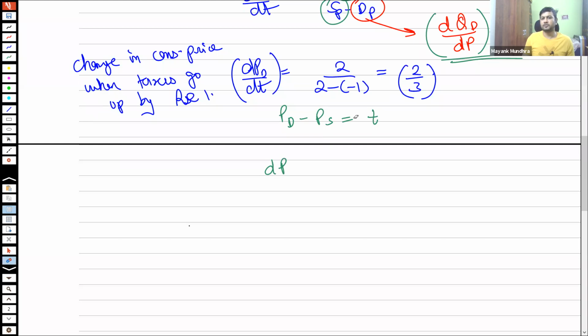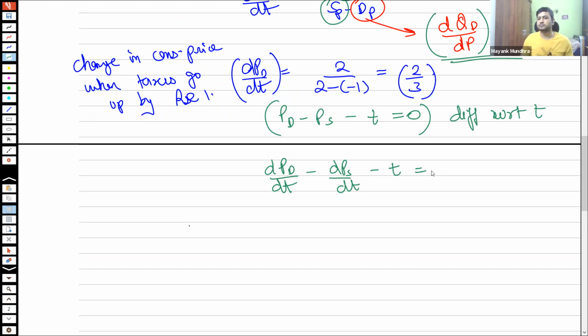So I can write this as PD minus PS minus T is equal to 0. And then you differentiate with respect to T. So dPd by dt minus dPs by dt minus 1 is equal to 0, which implies dPs by dt is equal to dPd by dt minus 1.